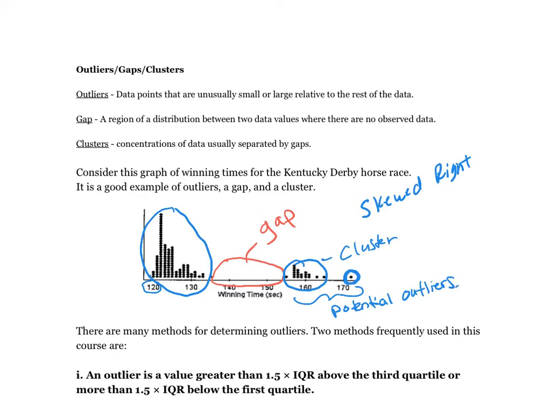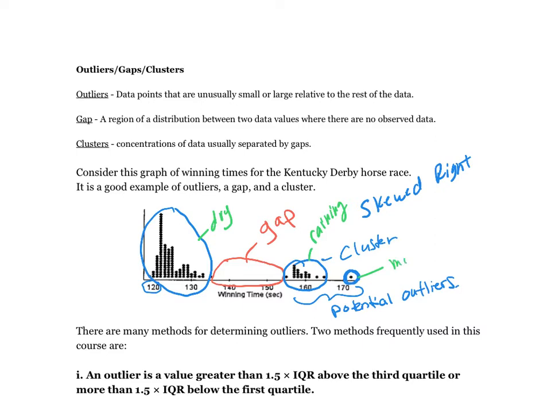But interesting, why is there a gap there? Why is there a cluster? I bet you could maybe guess if you know anything about horse racing. Sometimes the Kentucky Derby is run in the rain. On years when it's dry, that's when we see this group of times, and over here, these are when it was raining. And this one, I bet, was super bad weather.